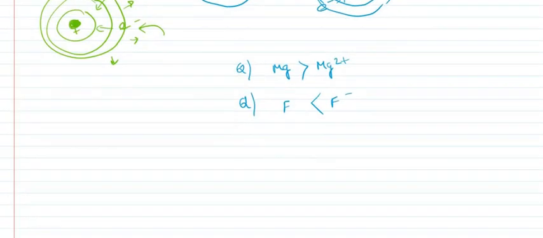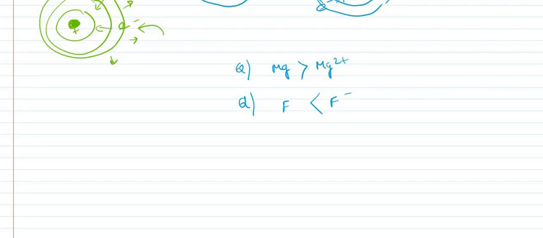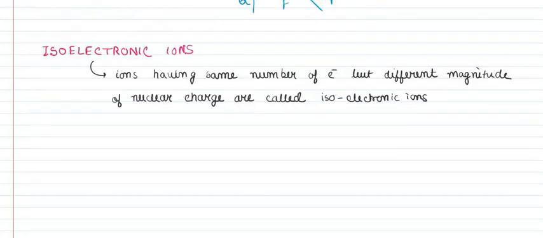Now let us talk about a special type of ions, the isoelectric ions. What are isoelectric ions? Ions having the same number of electrons, as simple as that. The number of electrons is the same, but the magnitude of nuclear charge is different. There are different elements which have the same number of electrons.